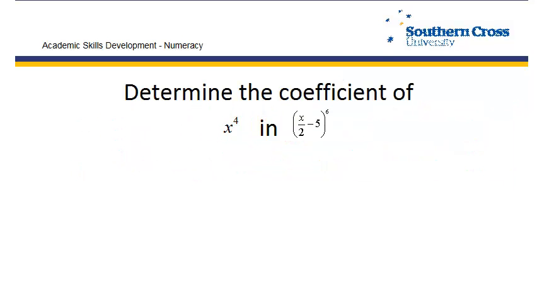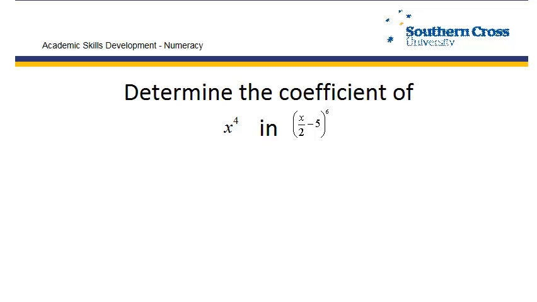Now, the second question's about the other extreme that you can get. Finding a particular term in an expansion is fairly difficult. This one's not the most difficult, because we've only got a single x term, even though it is x over 2.